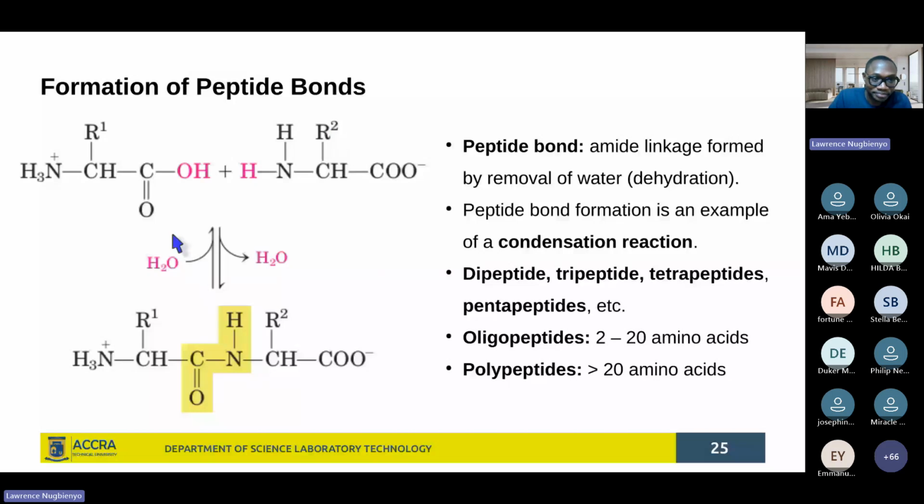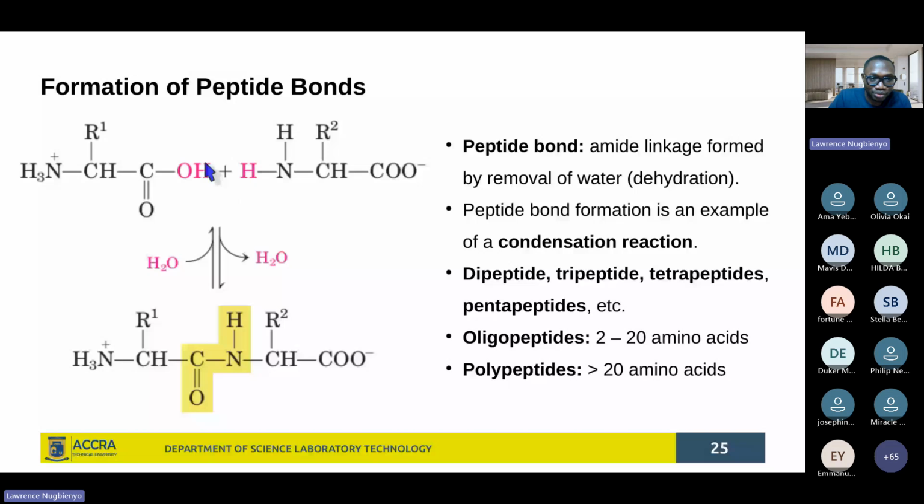And we see that the orientation of these 2 molecules is such that you have a carboxylic acid group, which is in close proximity with the amine group of the second amino acid. Intentionally, we are showing the groups that are interacting.